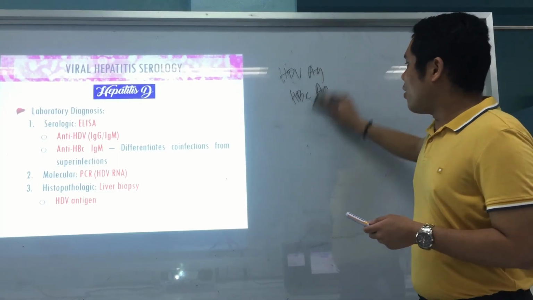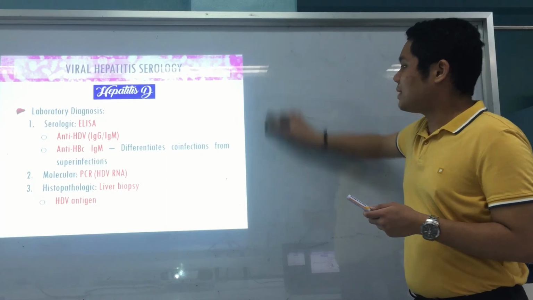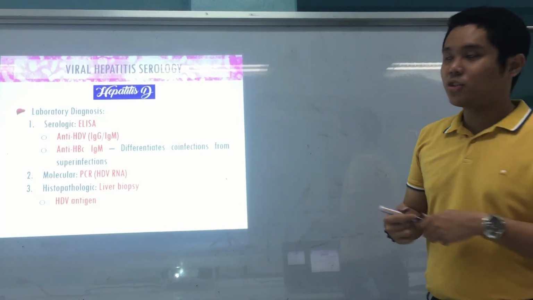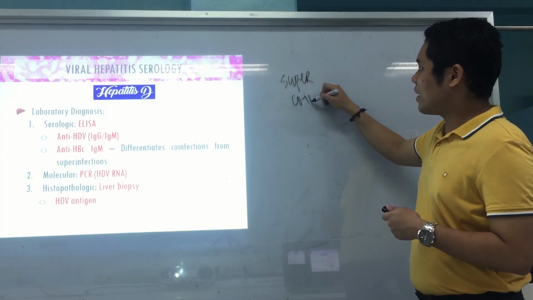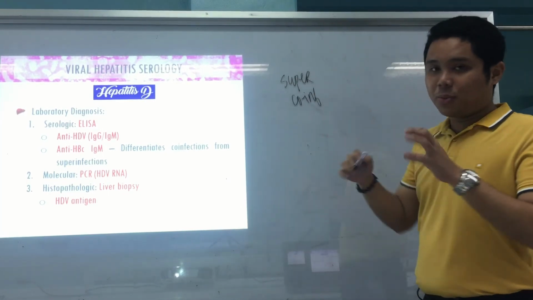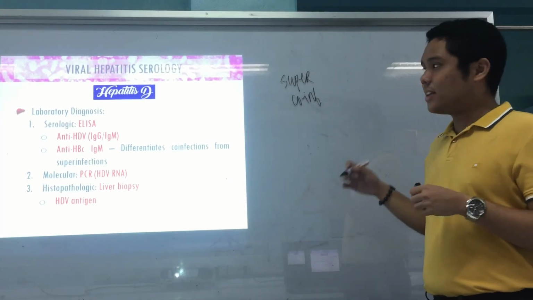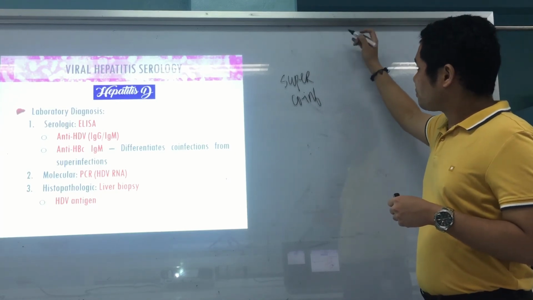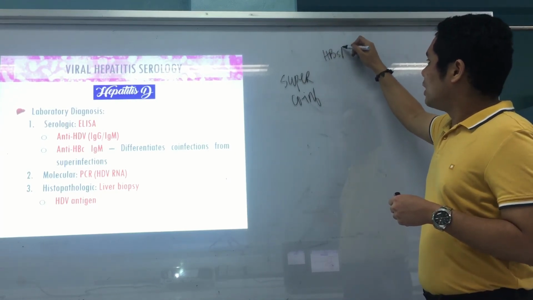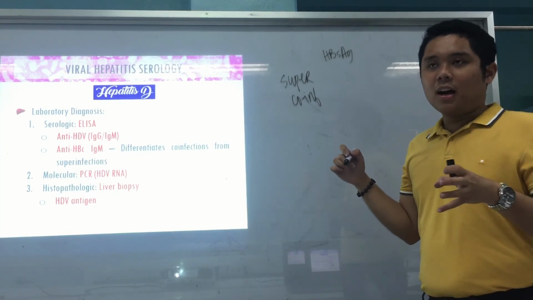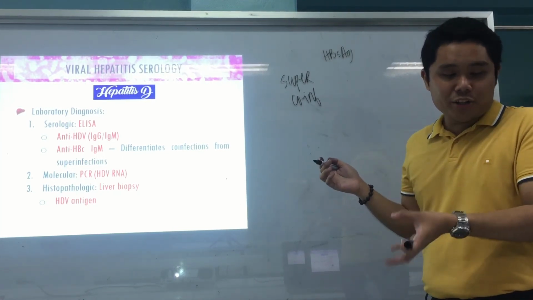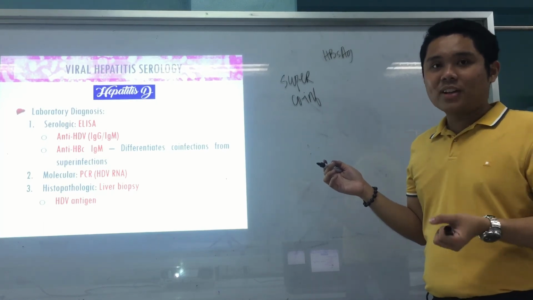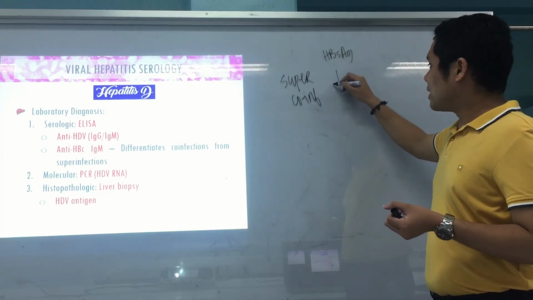Alright, okay. Now, how does your anti-HBc IgM differentiate co-infections and super-infections? So let's say super-infection and then co-infection, okay? Of course, we test both of them, starting first with your HBsAg. Since both of them are hepatitis D, and hepatitis D requires a hepatitis B infection, therefore both of them are positive for that.